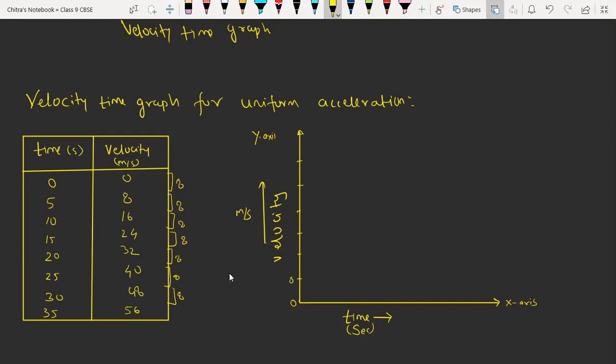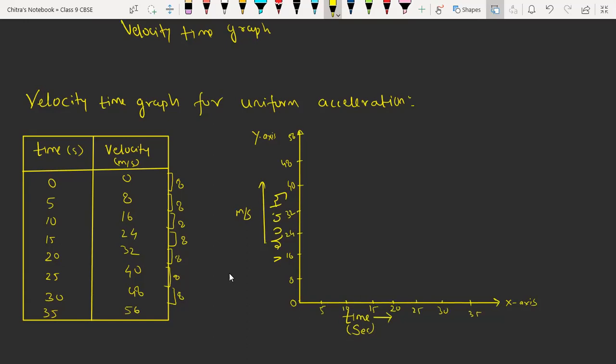And on the x-axis, 1, 2, 3, 4, 5, 6, 7. Here we have 0, then 5 seconds, then 10, then 15, then 20, 25, 30, 35.